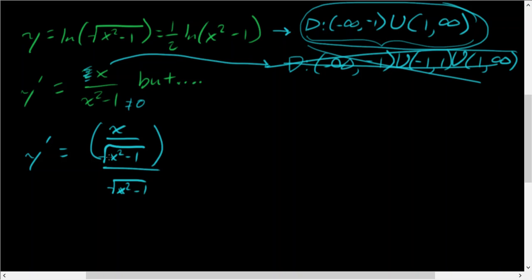Before we reduced this, before we simplified it to this form, this was our original function. And that original function was only defined from negative infinity to negative 1 and 1 to infinity. We lose some of that information when we simplify this.